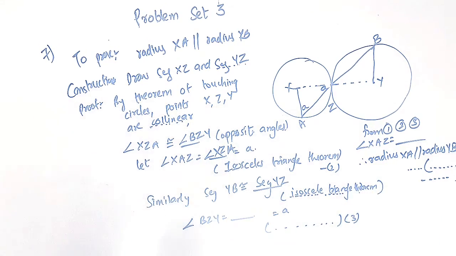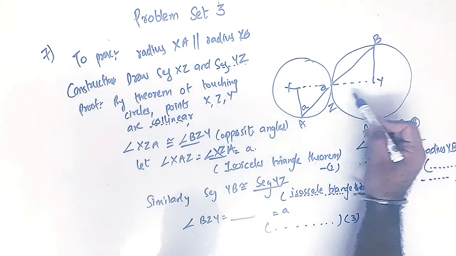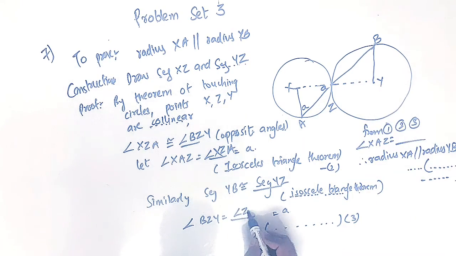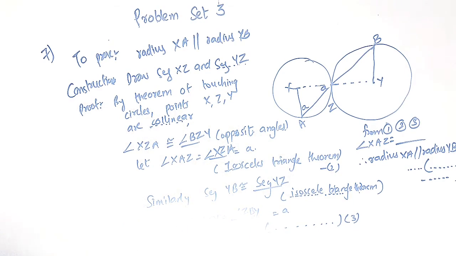Okay, now what about this angle? Angle BZY is equal to angle ZBY equals to, I think it should be B. Okay, this is also A because they are opposite angles.